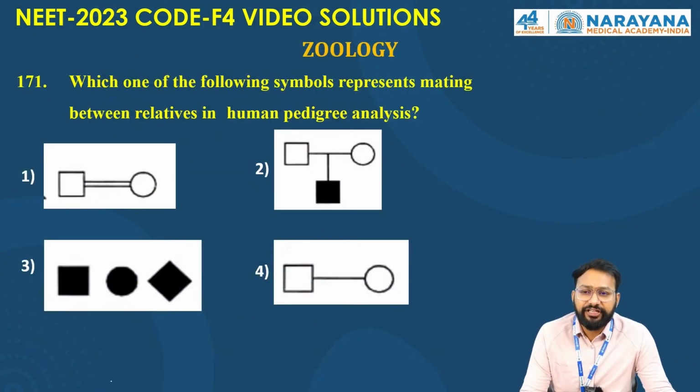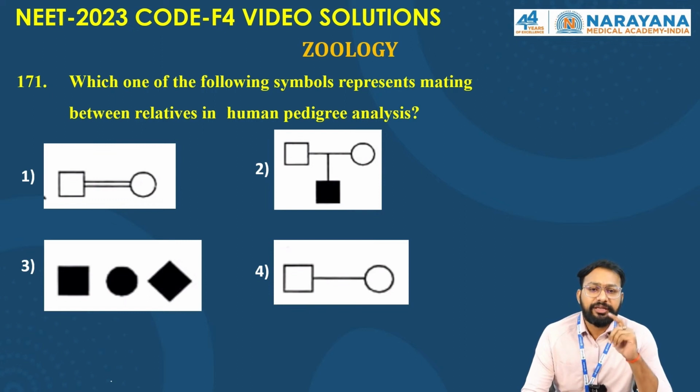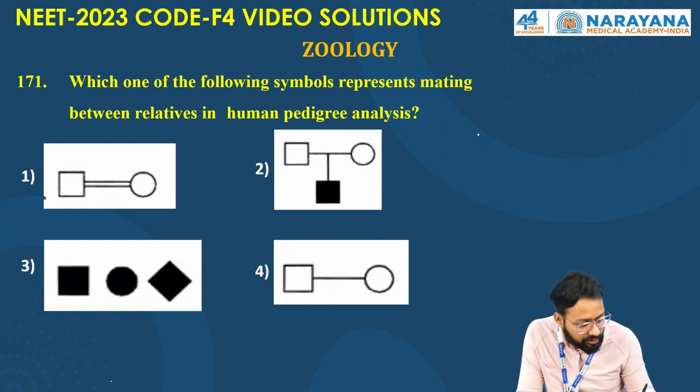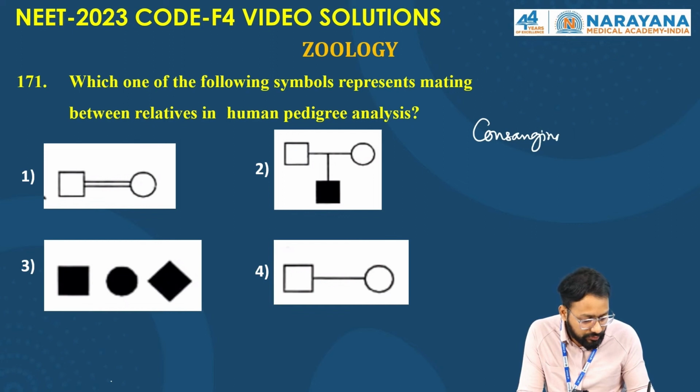Question number 171. It is related to the symbols of pedigree analysis. Which of the following symbols represents mating between relatives in a human pedigree? So they are asking about consanguineous marriage or mating.